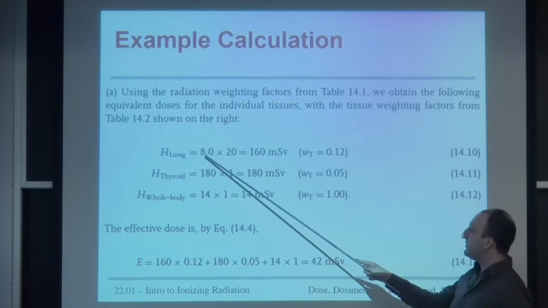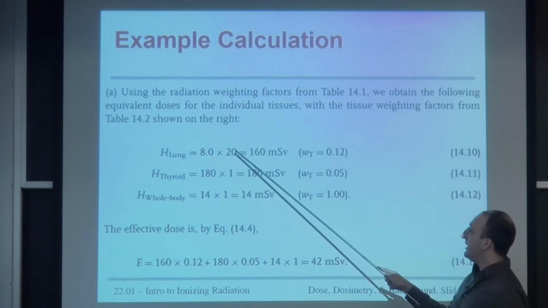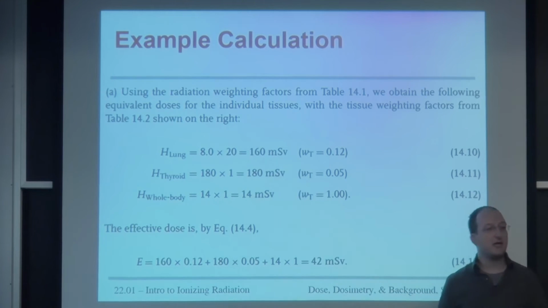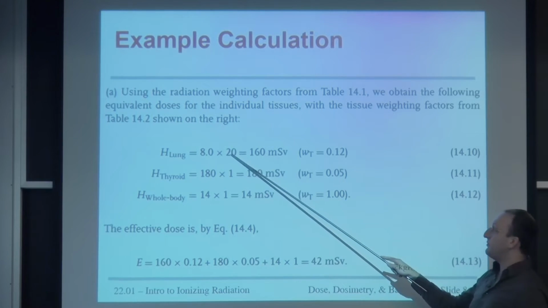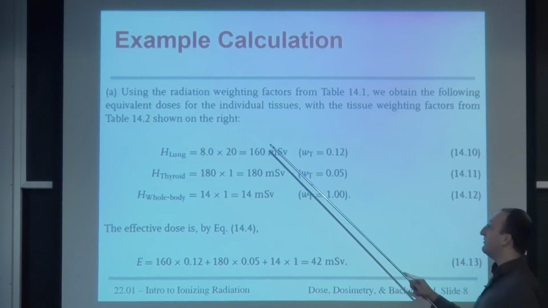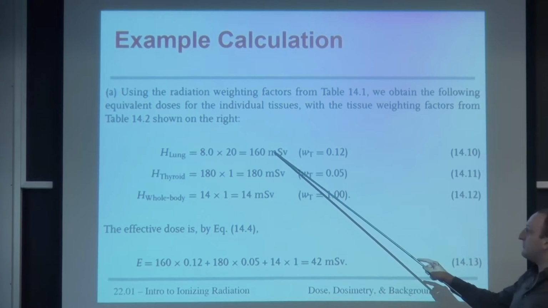You look at the dose to each tissue times the effectiveness for that type of radiation. So the lung got 8 milligray of alphas, so you multiply by 20 for that quality factor, and the lung gets 160 millisieverts.